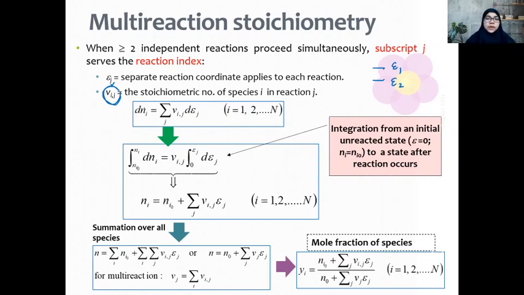Having the same expression, by integration we can then get this expression.